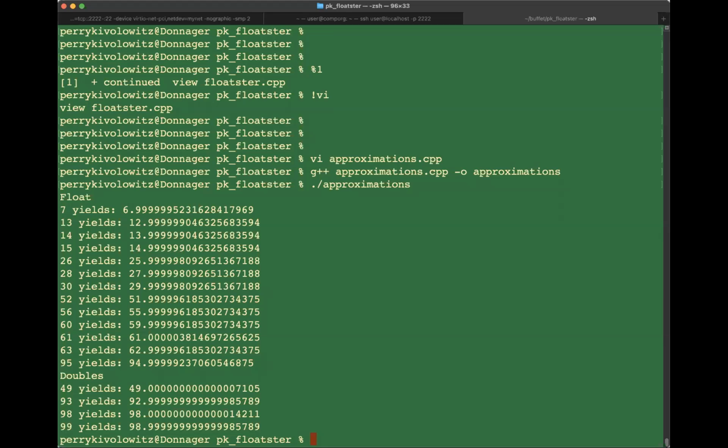Second, notice the number of digits of accuracy. Cephas was saying that 7 digits of accuracy doesn't seem like very much. So look at the double precision. Way more digits of accuracy.